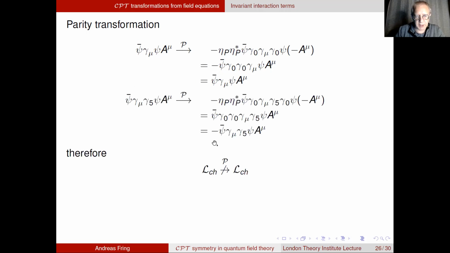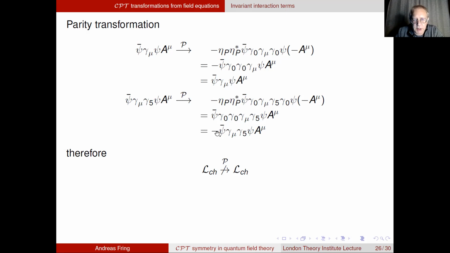And now we do the second term, which transforms in this way under P. Again, I have already commuted the gamma 0 to the left of gamma 5 and gamma mu, which gives 2 minus signs. So therefore, there's just a plus. These 2 minus signs compensate each other. And then we have gamma 0 squared, which gives us a minus sign.